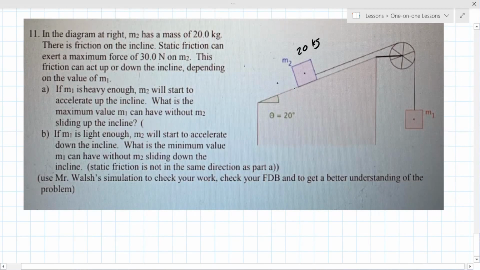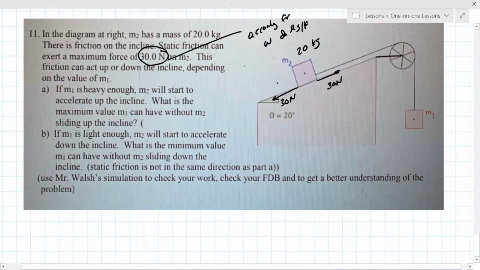So what it's saying is it could either be 30 newtons to the left or 30 newtons to the right, depending on which way it's moving. Because it's in newtons, it's already accounting for the normal force and mu s/k. You don't have to do all that. It just gives you that number.